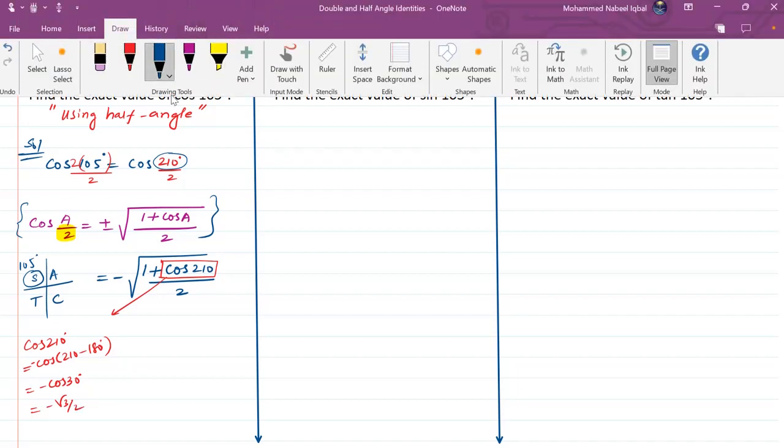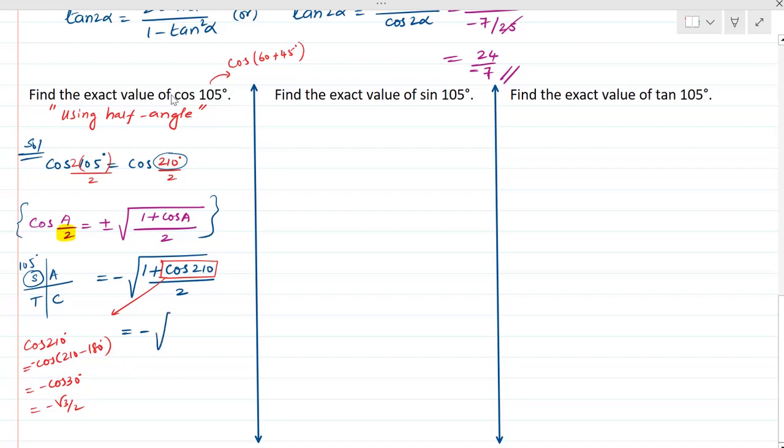Just substitute the value here. Minus square root of 1 plus this, which is minus root 3 over 2, over 2. Now if you simplify, cross multiply, you will get 2 minus root 3 as the numerator over 2. Now bring it down. So what happened?